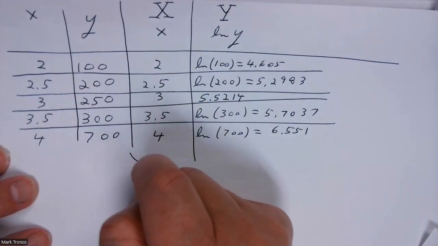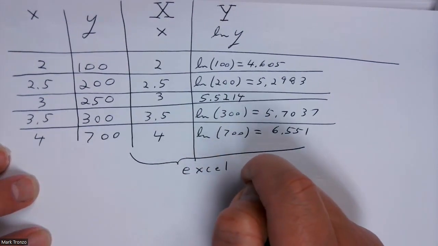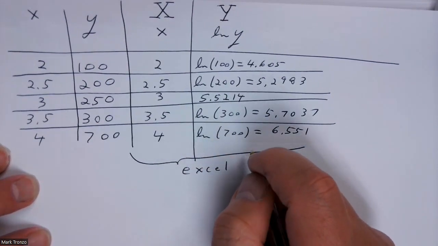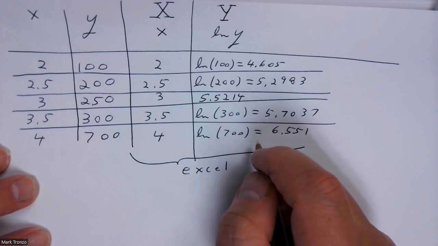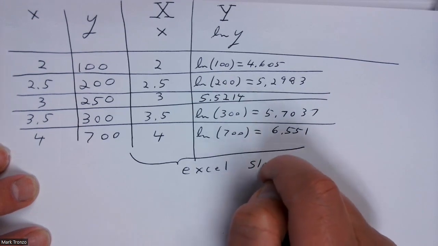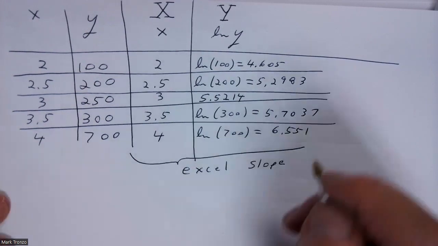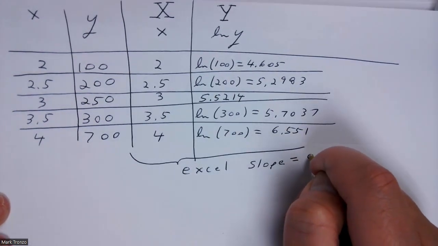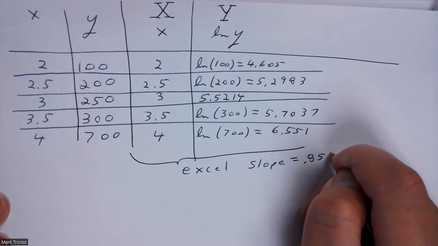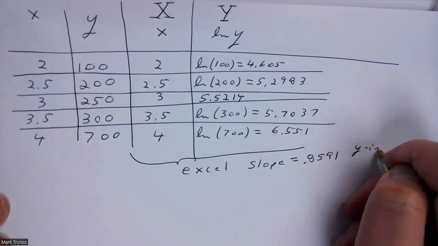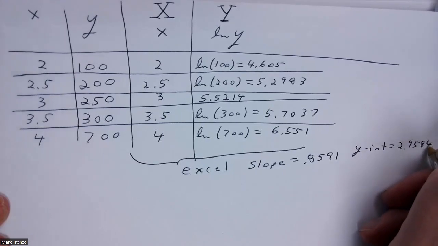Once again, put these in Excel. From Excel, you get the slope and the y-intercept. The slope is going to be 0.8591, and the y-intercept is going to be 2.9584.